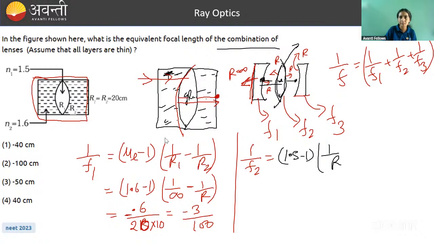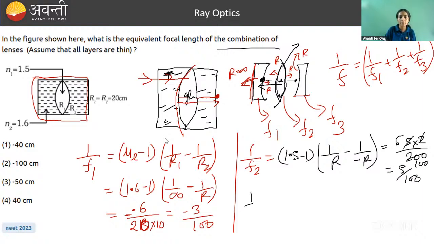So you will measure in this direction, so this is going to be minus R. This will become 0.5 into 2 by R, that is 20. If you solve it, you will get something by 100, 0.5 by 100. Sorry, 5 by 100. So let's write it 5 by 100.